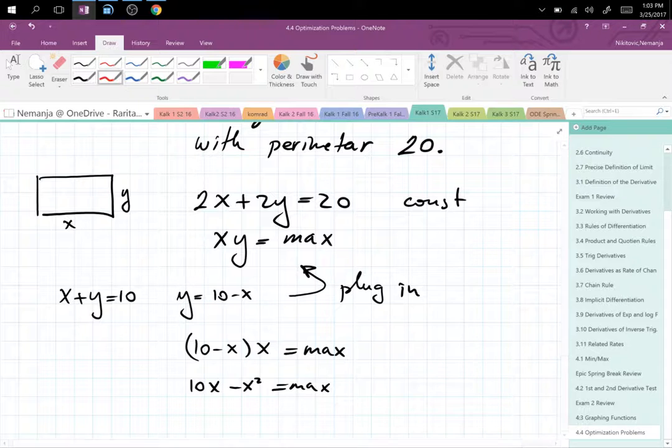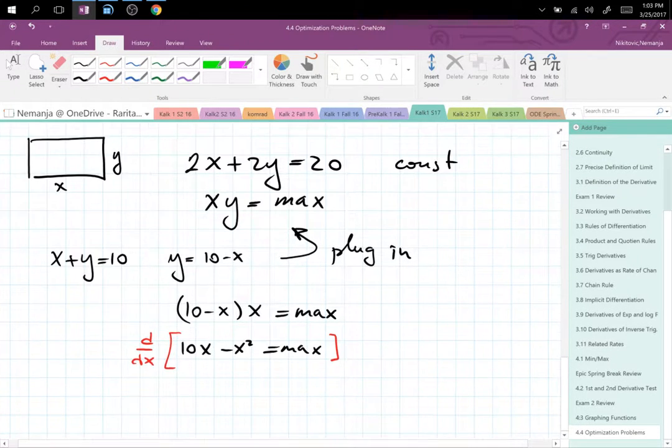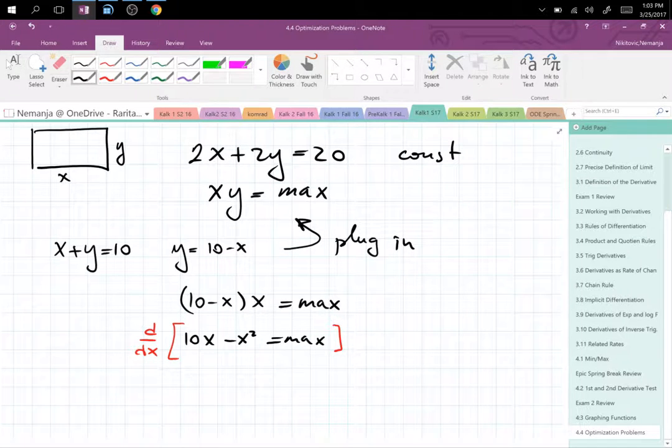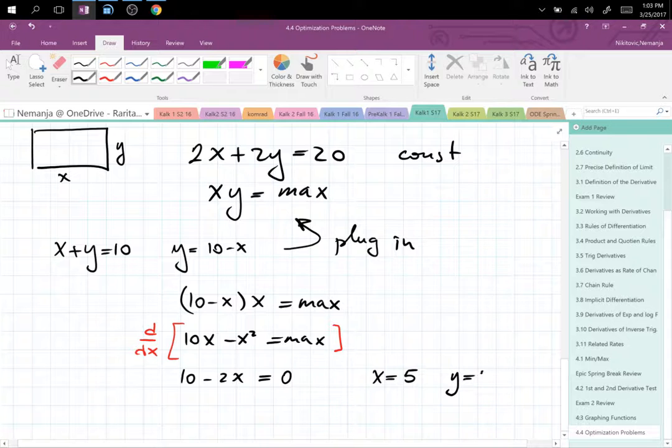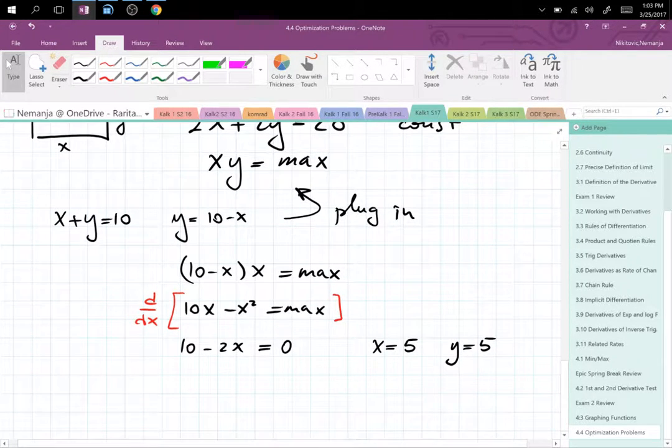You unleash the derivative. X equals 5, y equals 5 as well. And we got it. So the dimensions are 5 by 5, which is a square.